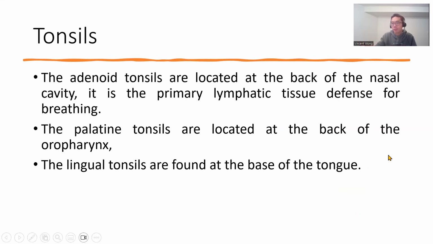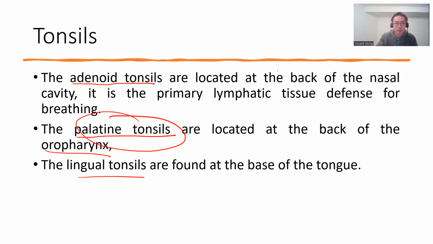We talk about tonsils and the lymphatic system. You have one at the very back of your nose, right? That's the adenoid tonsil, which will help screen the things that you're breathing in. At the base of your tongue, you have the lingual tonsil, and at the back of your throat, where the food enters to get into the pharynx, at the oropharynx, you have the palatine tonsil.